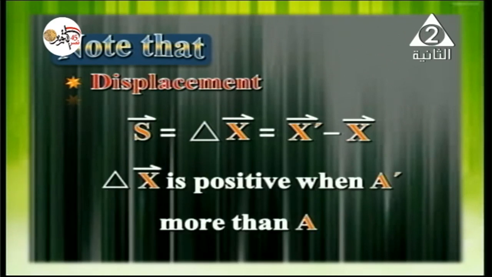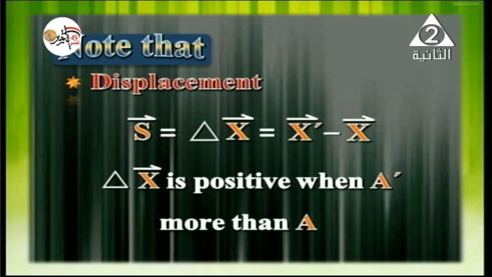Delta x is positive when x dash is more than x. What do you mean? A dash represents x dash vector, A represents x vector.